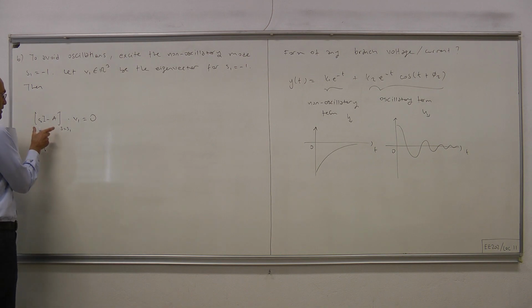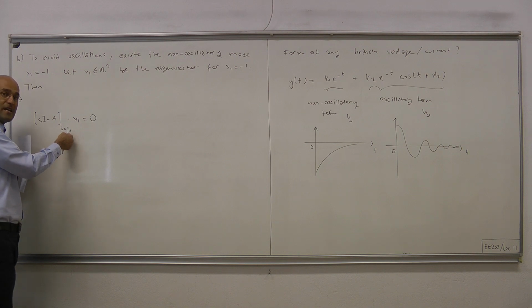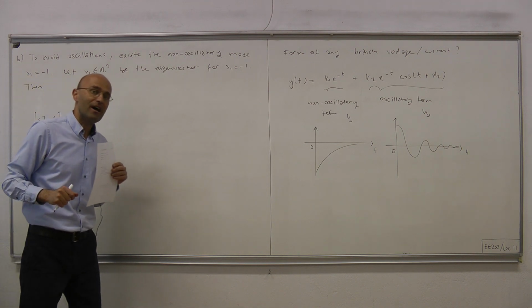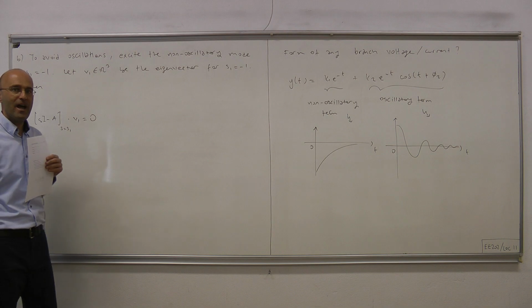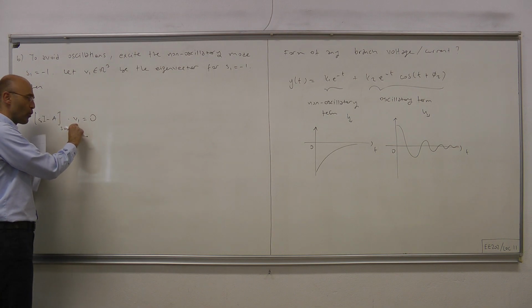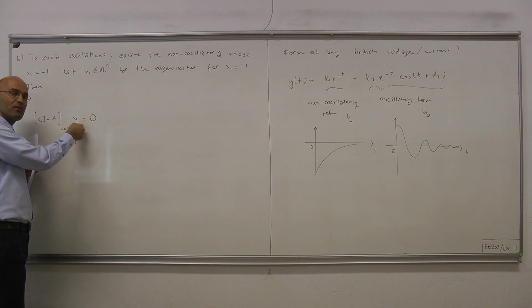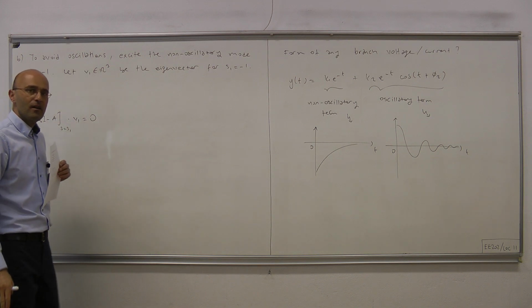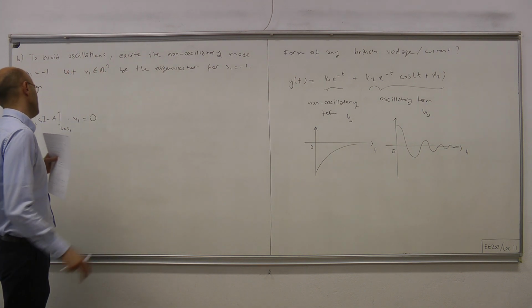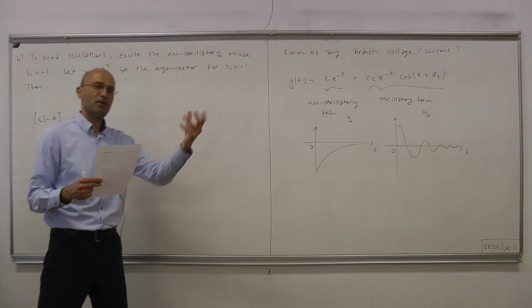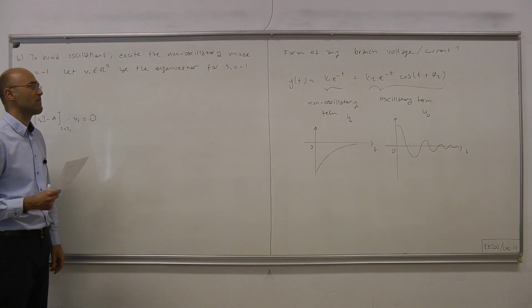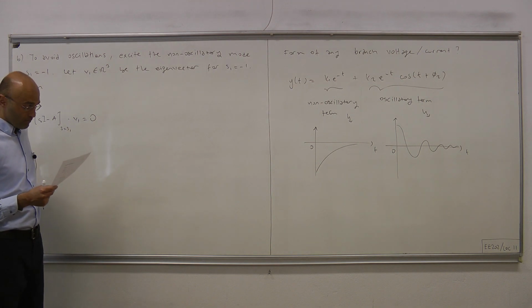In other words, construct the matrix SI minus A, plug in S equals the eigenvalue for which you want to find the eigenvector, and construct this matrix, S1 times identity minus A. By definition, the eigenvector corresponding to the eigenvalue must belong to the null space of this matrix, and once you have this matrix, it's easy to figure out its null space, and from that null space information, we will have the eigenvector that we are looking for.